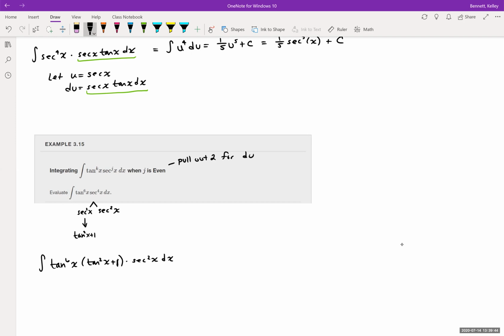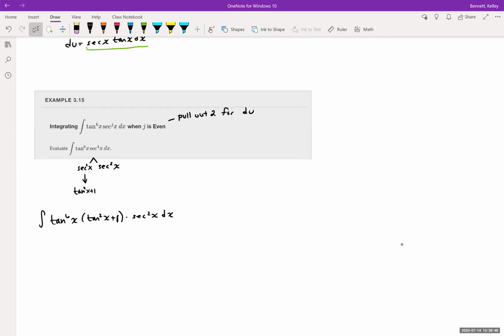And then you guys would say, well, secant squared is the derivative of tangent. And I would be like super proud. So in my mind, that's happening. So if we let u equal tangent, then du is going to be secant squared. And again, this is what I want because now I'm ready to just convert all these tans to u's, and then this secant squared dx to du.